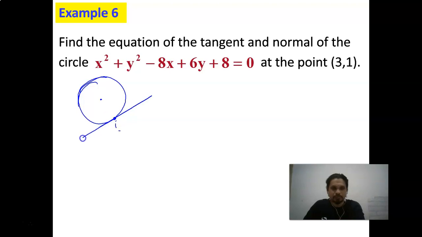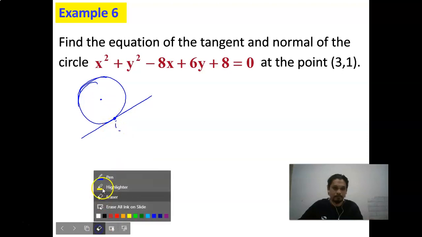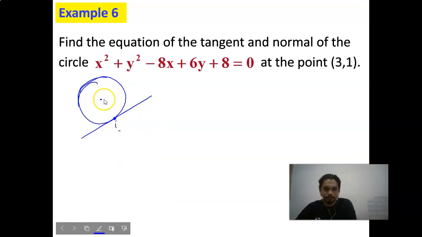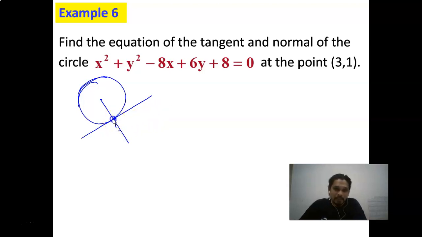Just imagine there is a line that forms a 90 degree angle, sorry for that. Okay, something like that.